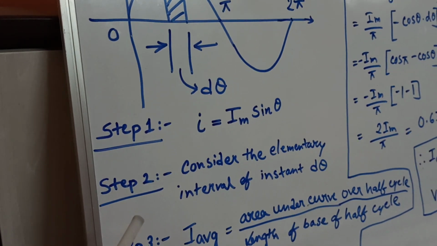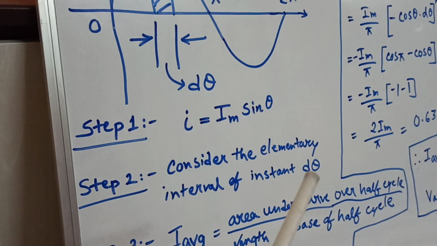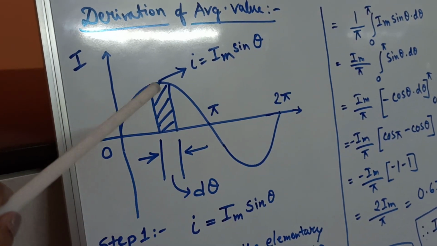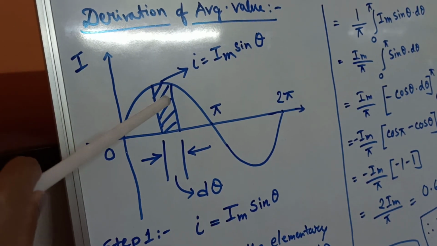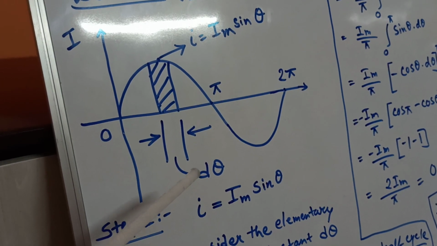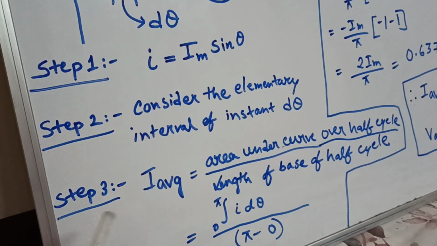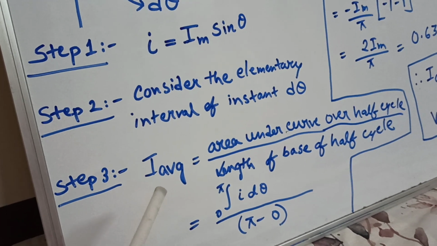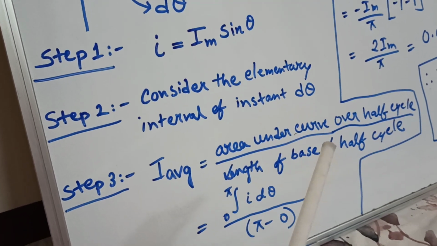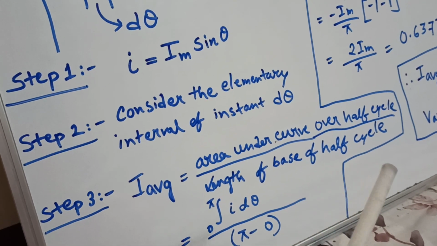In step 2, I am considering one elementary interval d theta. In this positive half, I have taken one elementary strip which has a value of d theta. Now step 3. As per the definition, I average is the ratio of area under the curve over half cycle by the length of base of half cycle.